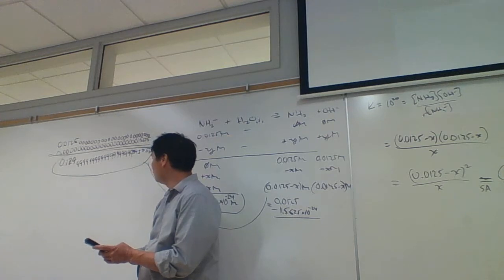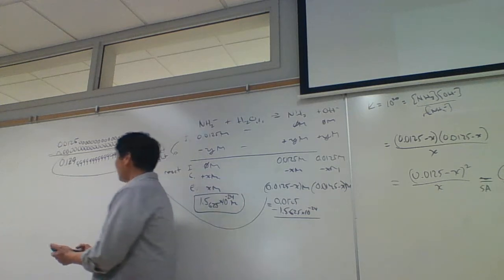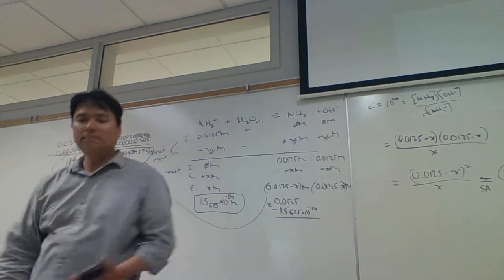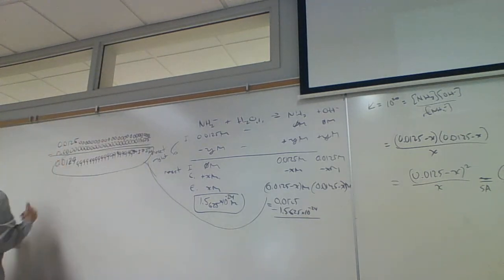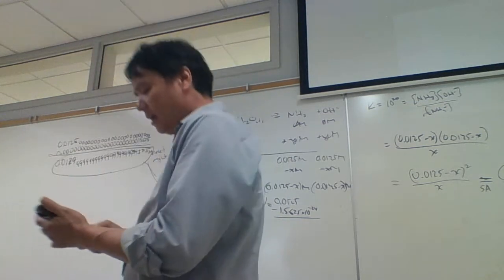And we have 0.124, and then I'm just going to count 19 nines. 1, 2, 3, 4. 124. Okay.